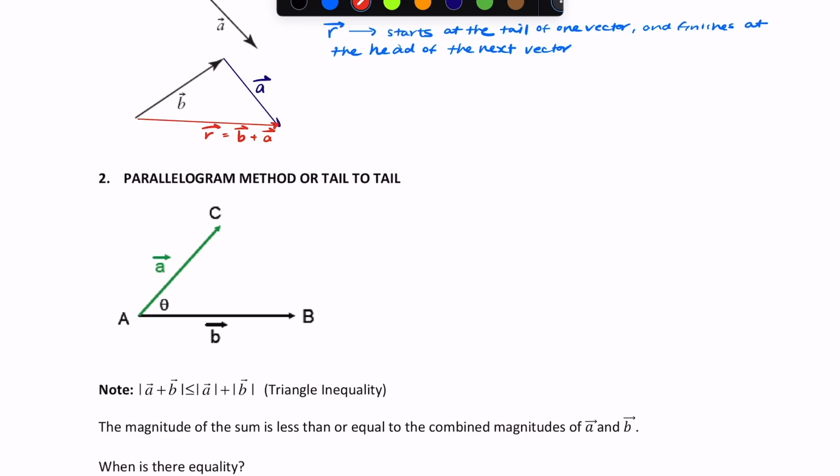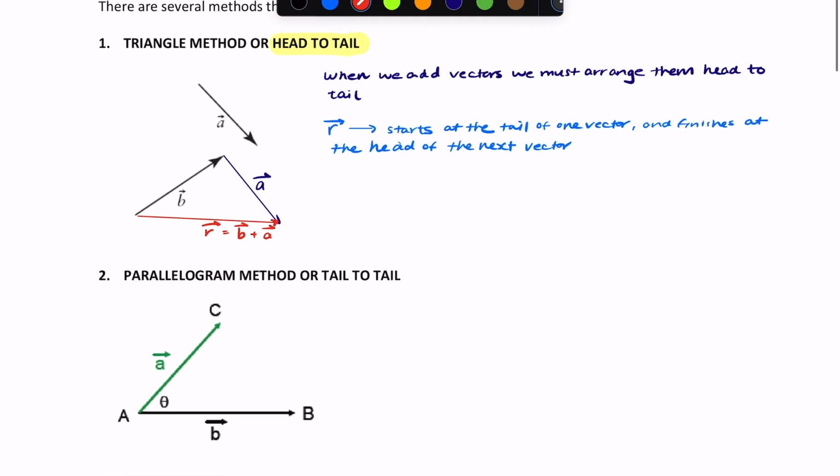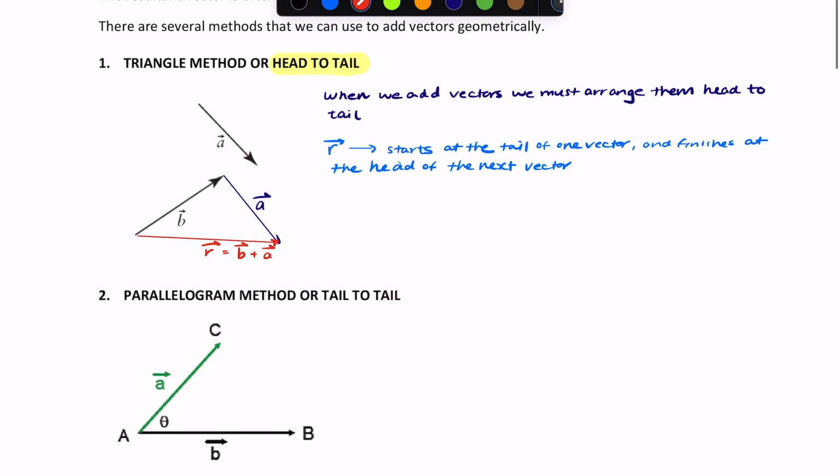The second way to add vectors geometrically is using the parallelogram method, or tail to tail.